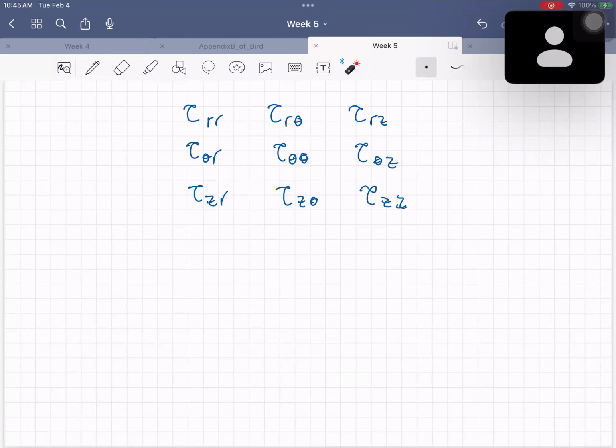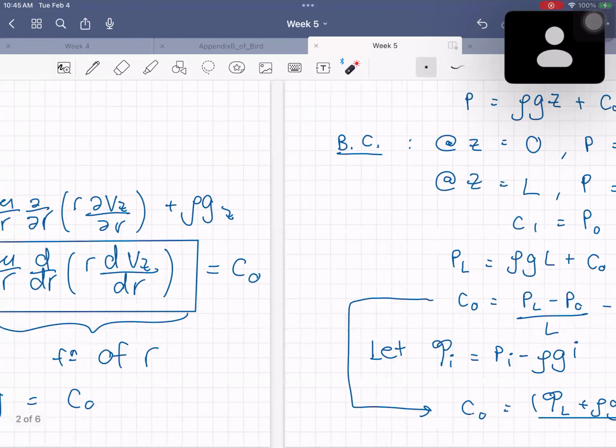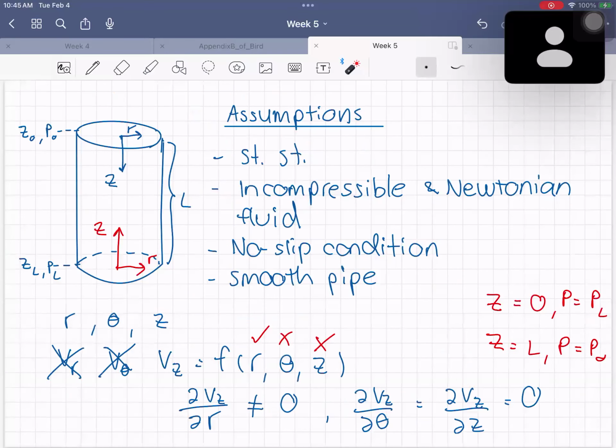So you have to go back to the problem itself. This one is flow through a pipe. In a flow through a pipe, which direction is the momentum? Z direction, right? Because momentum is mass times velocity.